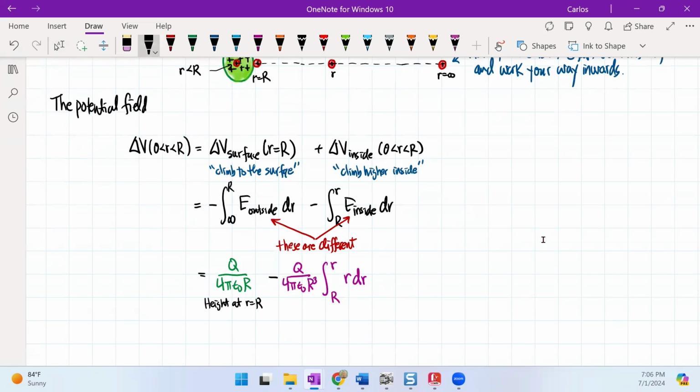This is then the additional height inside that I'm going to have to climb.